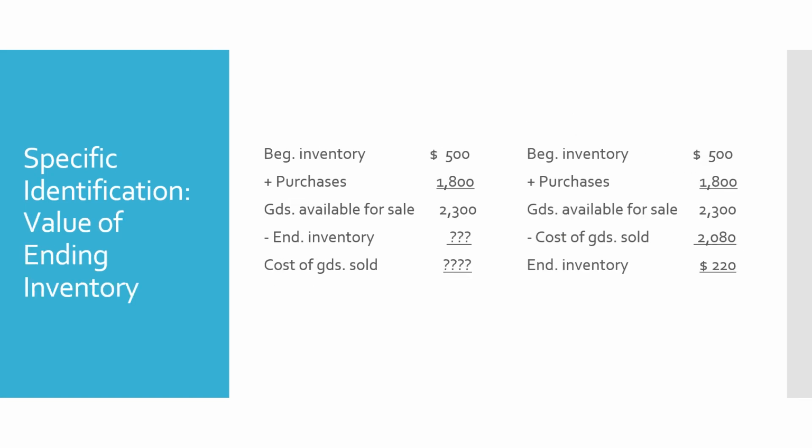So beginning inventory had a cost of 500. We had purchases of 1,800. We had goods available for sale of 2,300. We determined that cost of goods sold was 1,800, and that leaves our ending inventory value at 500.